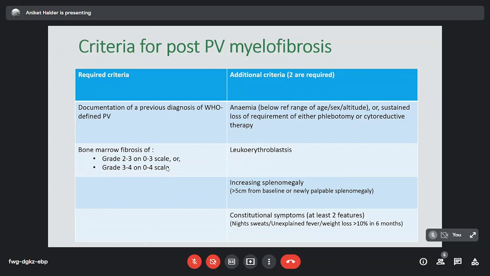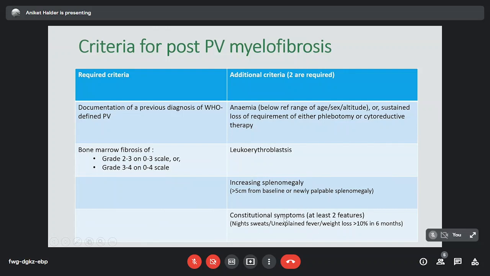So bone marrow fibrosis of grade 1 or grade 2 will not suffice. It has to be grade 2 to 3 on a 0 to 3 scale, or if it is graded on a 0 to 4 scale, the grade of fibrosis should be at least 3 to 4 with marked intersection of the fibers. And additionally, there have to be 2 criteria present among the 4 criteria, which are anemia, leukoerythroblastosis, increasing splenomegaly, and constitutional symptoms.